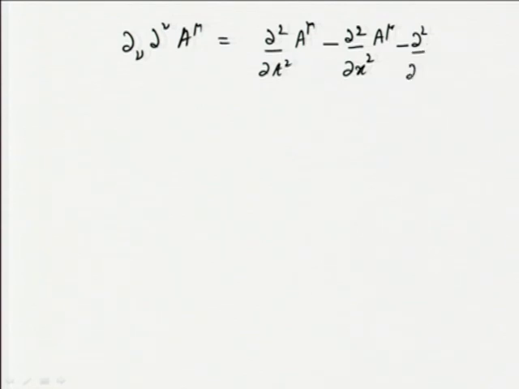Now, what we want is ∂_ν ∂^ν acting on A^μ, which is equal to ∂²/∂t² acting on A^μ minus ∂²/∂x² acting on A^μ minus ∂²/∂y² acting on A^μ minus ∂²/∂z² acting on A^μ, the same A^μ.